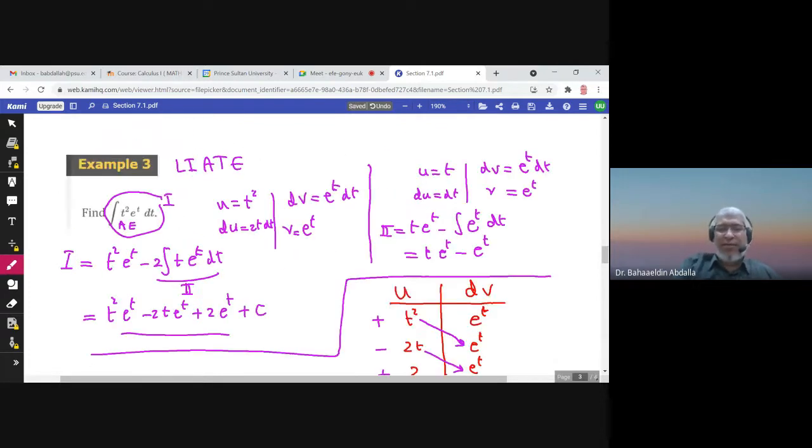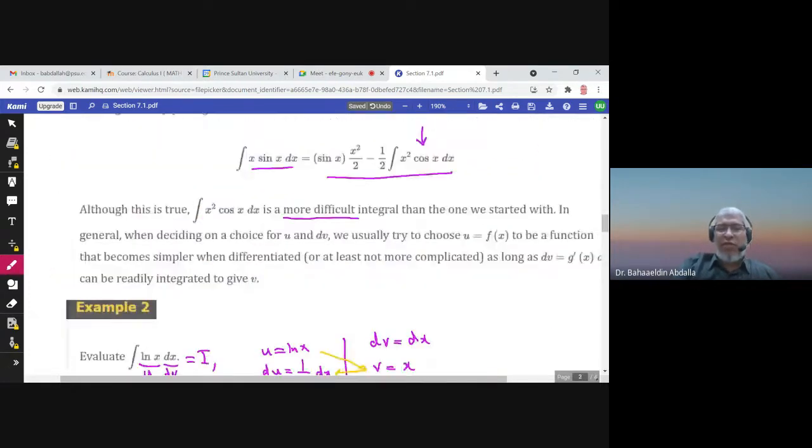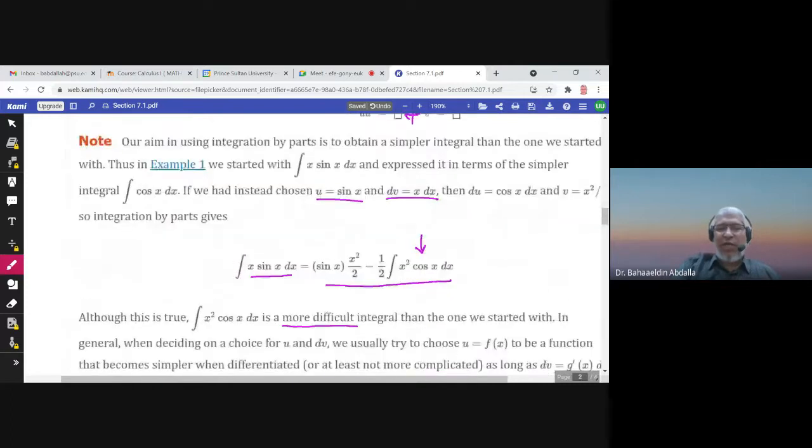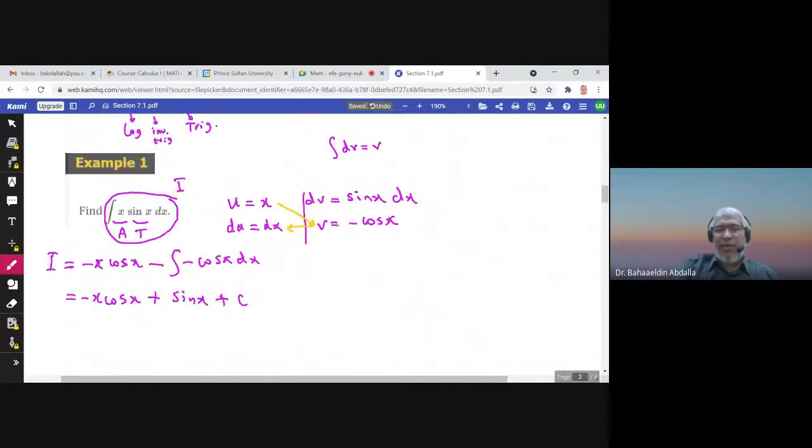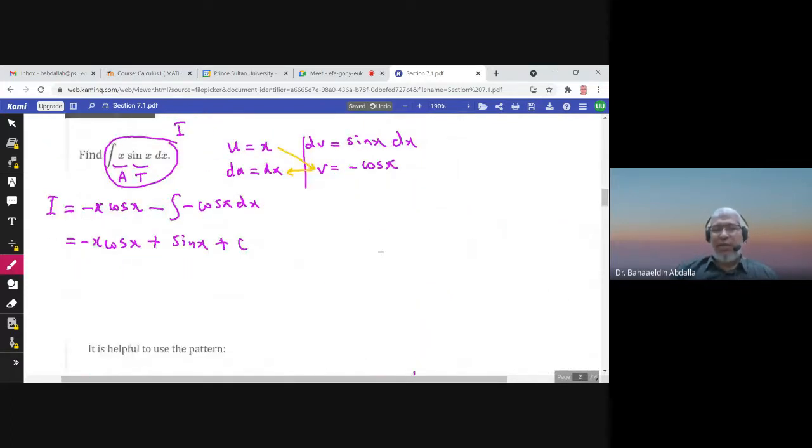For example, I could have used this method here with x sine x. Although x has power 1, it's okay. You can use it with power 1, power 2, power 3, whatever the power of the algebraic expression is.